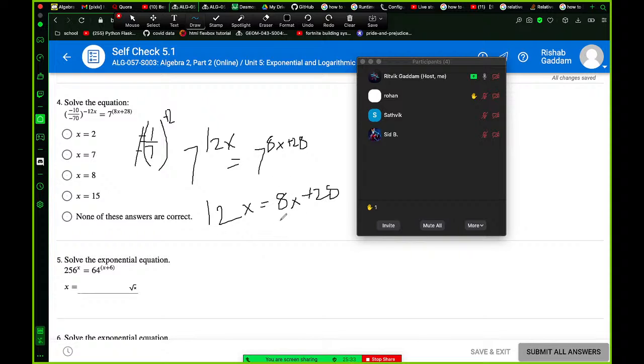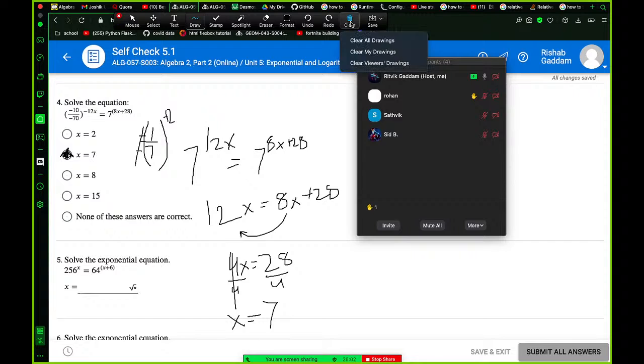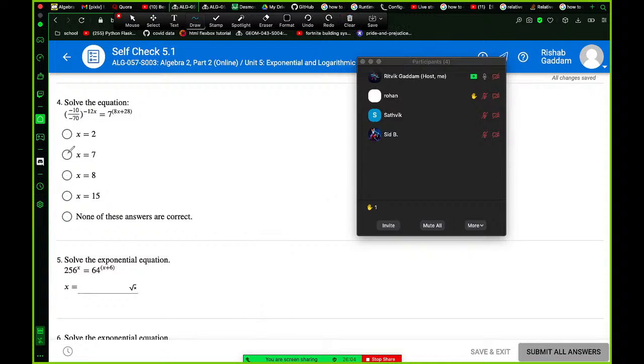Then you subtract to bring it to the side, and you have 4x is equal to 28. You divide by 4 on both sides, so you get x is equal to 7. Good job, Satvik. You're right. I couldn't think that far ahead. So yeah, good job. x is equal to 7.